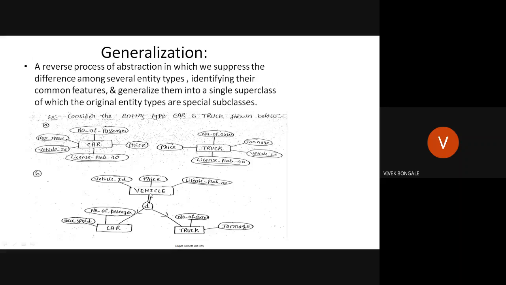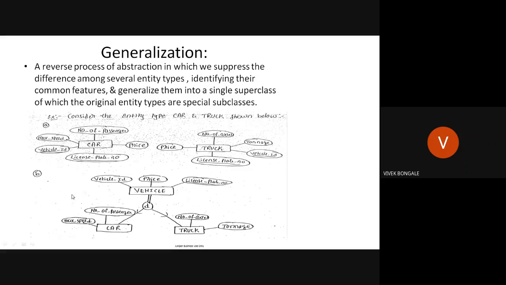So what is the name of this generalization entity? Vehicle. So vehicle ID, price, and license plate number: these three attributes are common in the car and also in the truck. That's why we make these three common attributes of the vehicle. The remaining attributes we add to the respective entity.